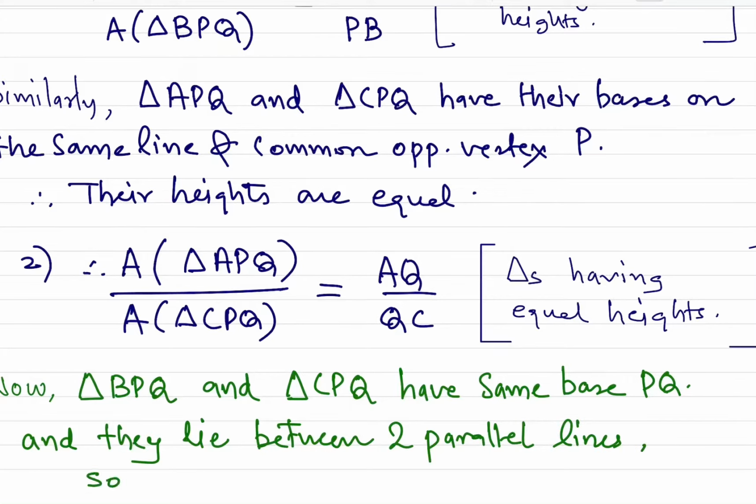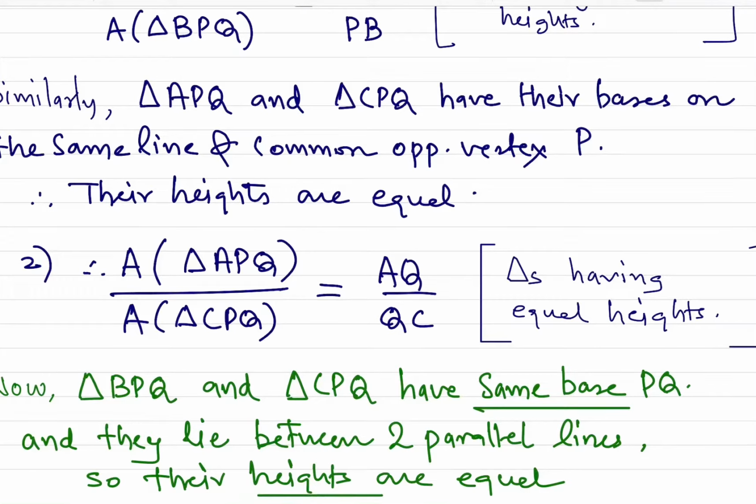So the heights are equal. So the triangles have the same base and the heights are also equal, right? If the bases are the same and heights are the same, you can say the areas are also equal.